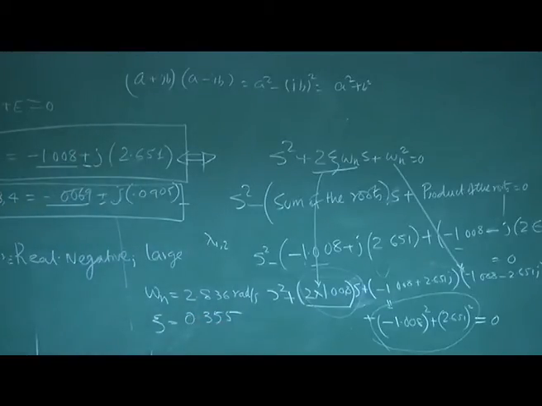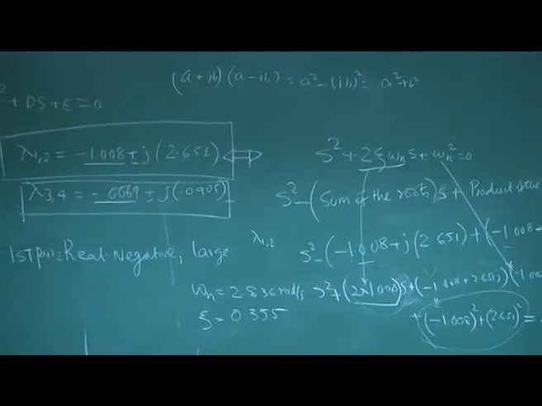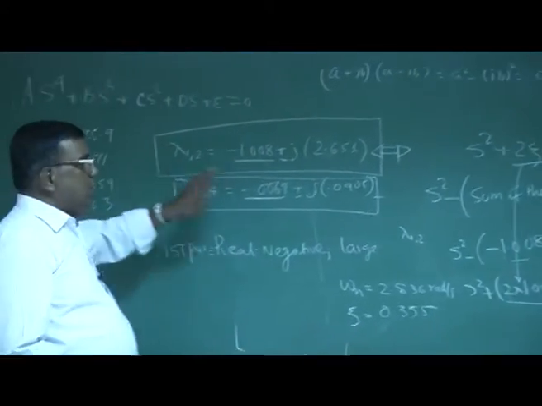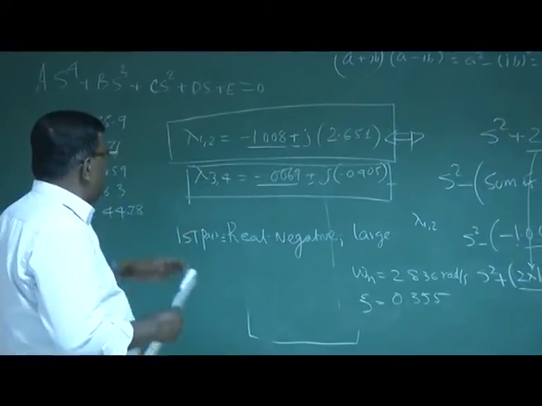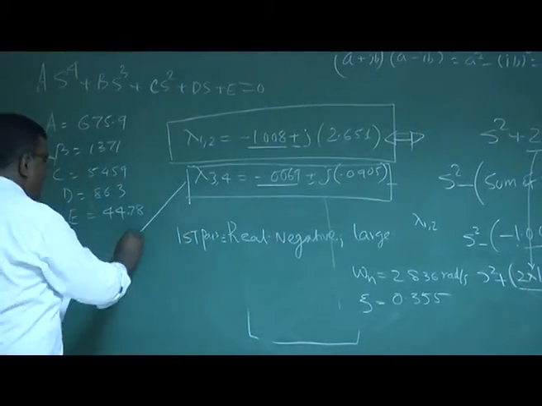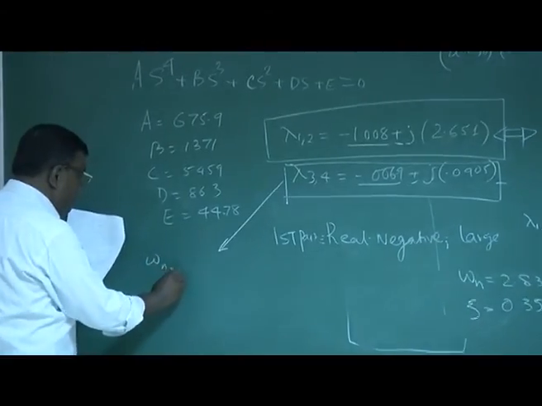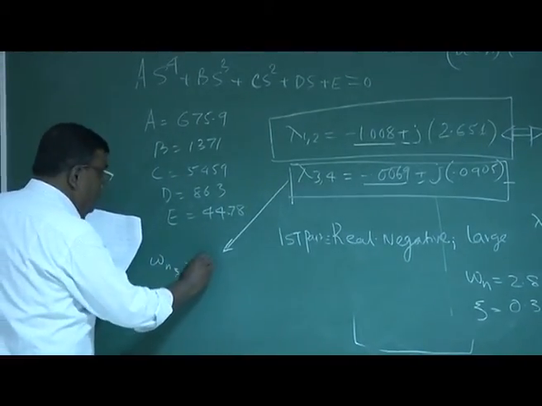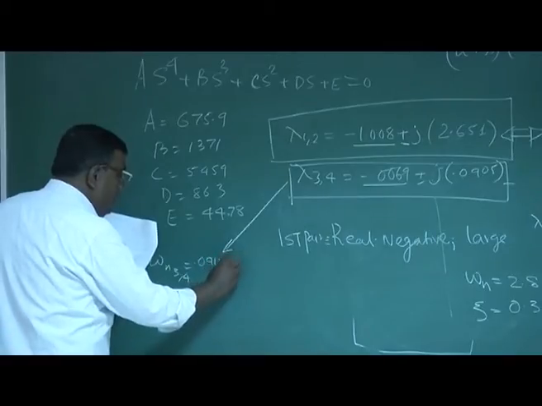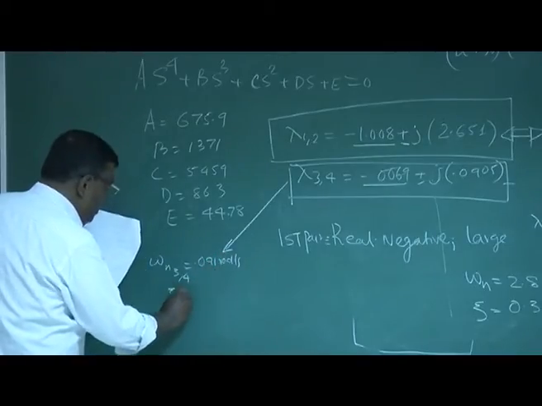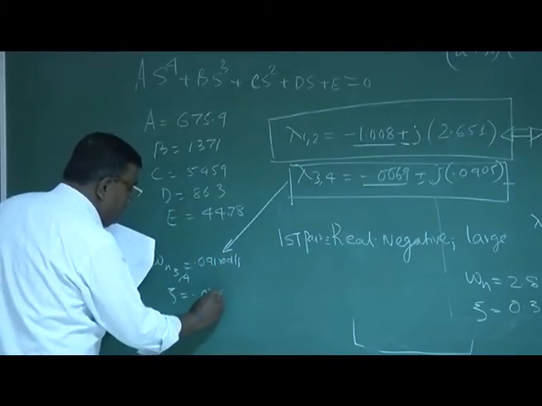Is this clear how to do it? So you could see I could use this equation and find the roots. Similarly, for the other one you are supposed to do it yourself and find that omega n will be 0.091 radian per second, and zeta equal to 0.076.